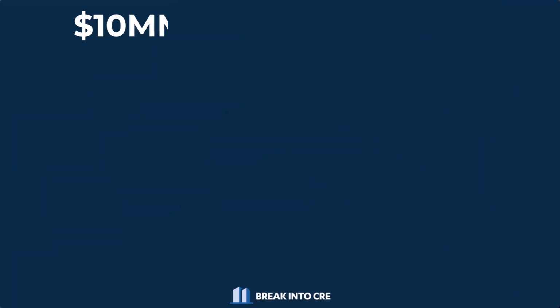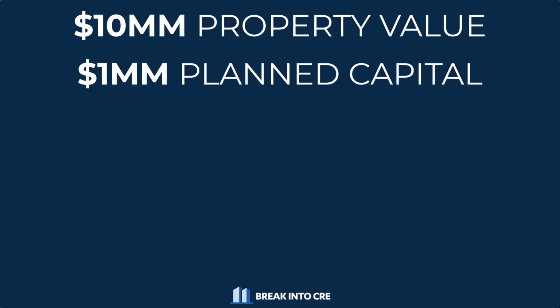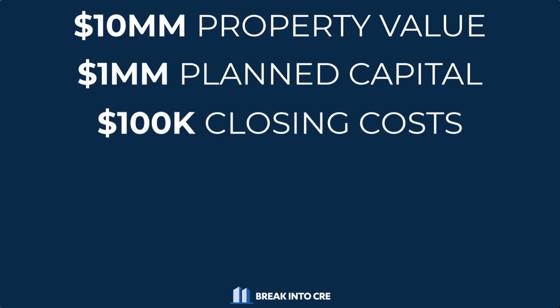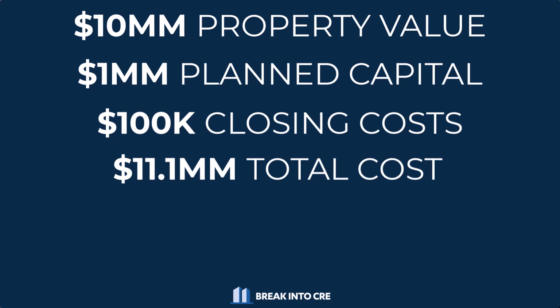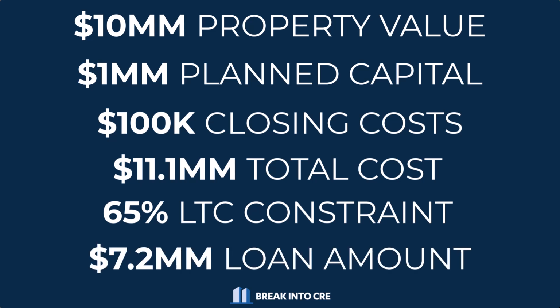This means that if we were to buy that same $10 million property, but we plan to put $1 million of additional capital into it, and our closing costs were projected to be another $100,000, our total cost would be $11.1 million, and with a 65% loan to cost constraint, our maximum loan amount in this scenario would jump up to a little over $7.2 million.